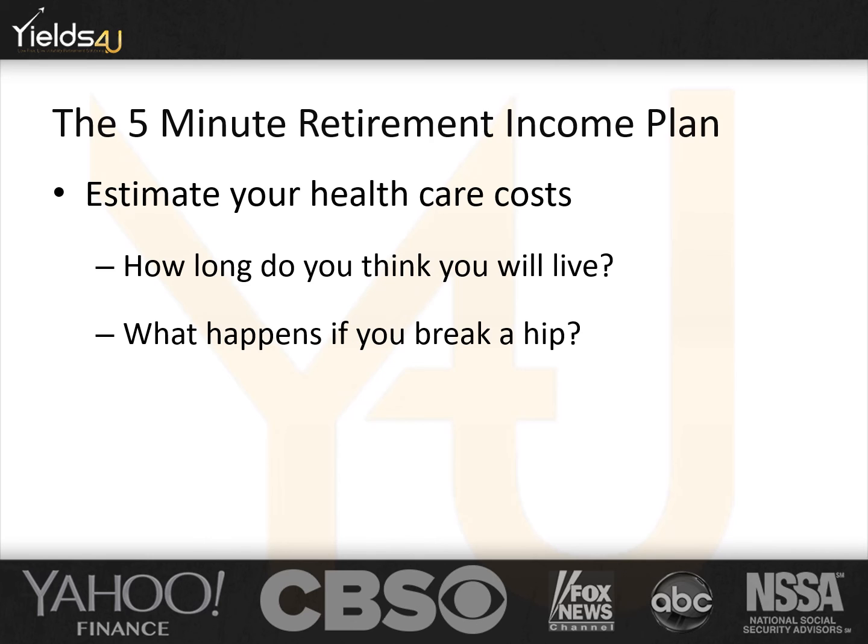At Yields for You, we work to help our clients protect against the 5 major risks in retirement. Number 1 being drawdown. Drawdown is anything that brings down the value of your retirement nest egg, whether that is an explicit market loss or an implicit loss, like not claiming benefits you're entitled to, or spending too much money on taxes.